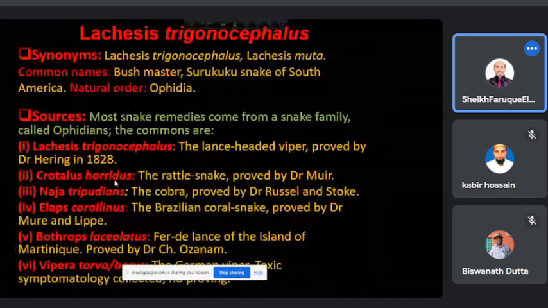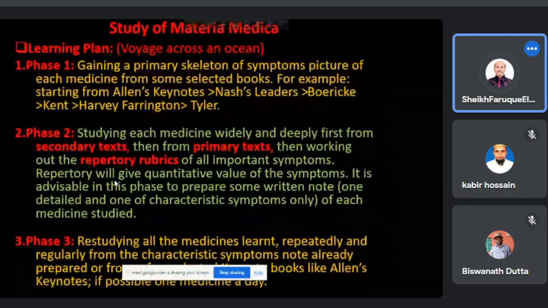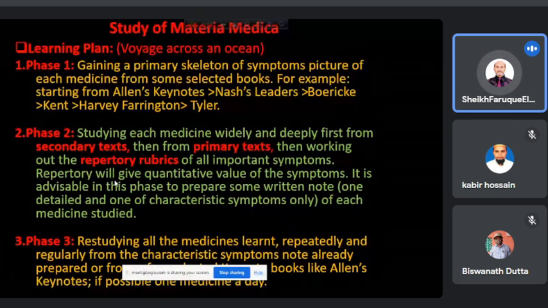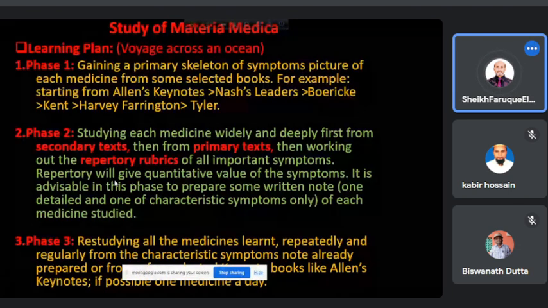So this is my lecture on study of materia medica. I wanted to give it in the beginning of the lectures. Why? Because I thought many of the new participants in our lecture did not find this lecture beforehand, because I gave this maybe 1.5 years ago.